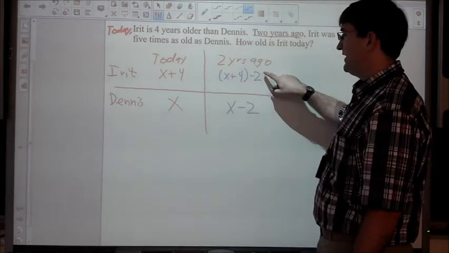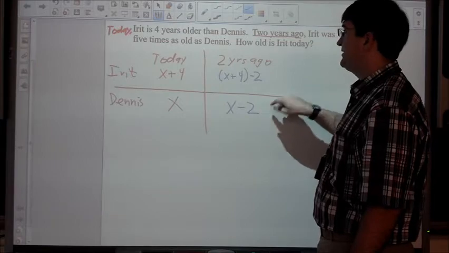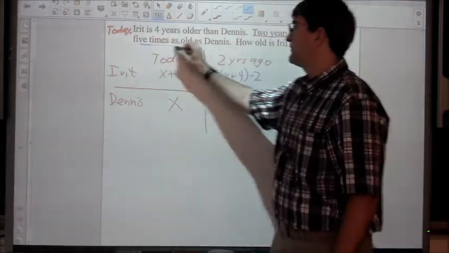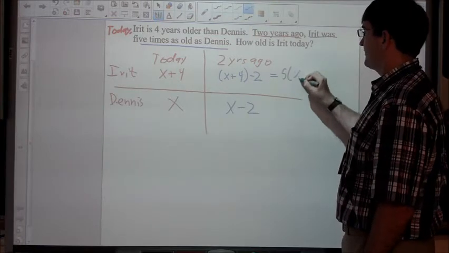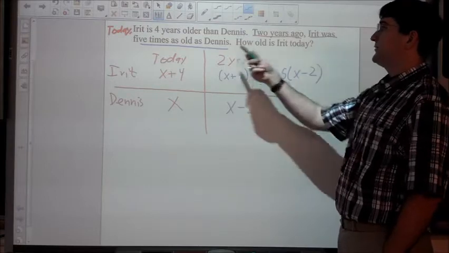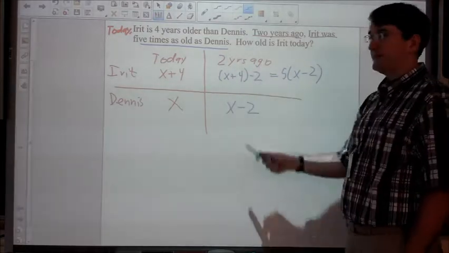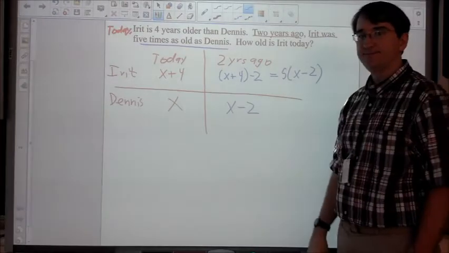I know that Arit is 5 times as old as Dennis, so I also know that that is 5 times x minus 2. Because I know that Arit was 5 times as old as Dennis in this time frame. Dennis is x minus 2, so Arit is 5 times x minus 2.